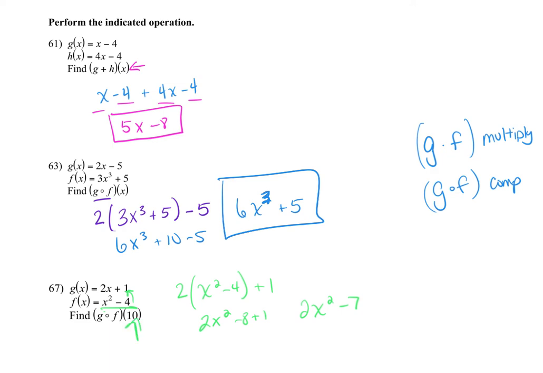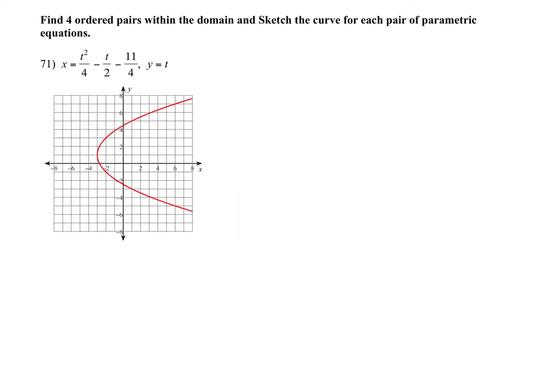So I need to plug in a 10. So 200 minus 7, well, that's 193. When there is a number here, your answer is a number. When there is a variable here, your answer is a function, a new definition of what you're talking about.